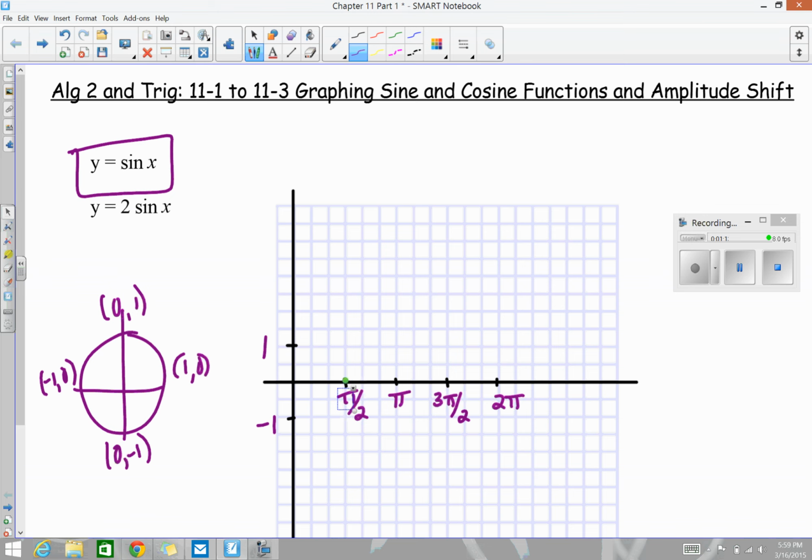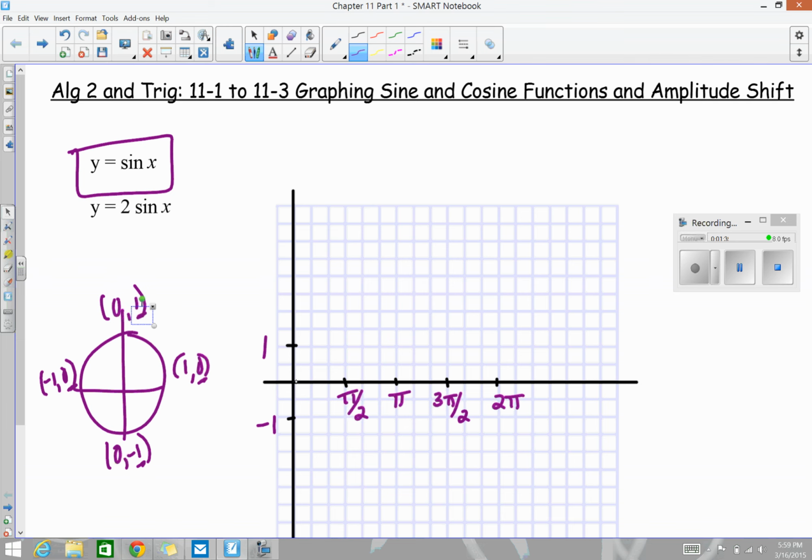So very simply, we're going to go around this circle and graph the points. When x is 0, my sine curve is 0. At 90, my sine curve goes up to 1. At 180, 0, and at 270, negative 1, back to 360 or 2 pi, and at 0 again.